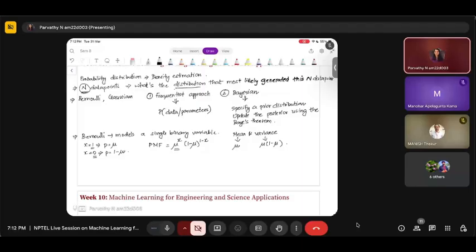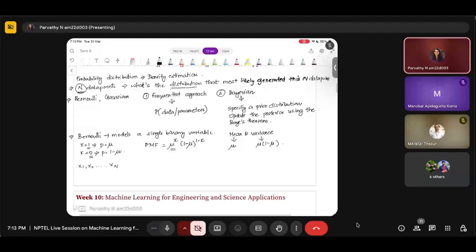So now when we consider a data set, say it has n data points, x1, x2, and so on up to xn. So this is flipping a coin, and you observe these many results. Then the likelihood, that is the probability of the entire data set as a function of mu.